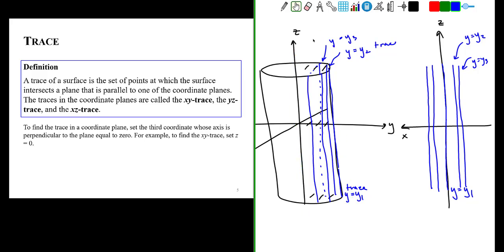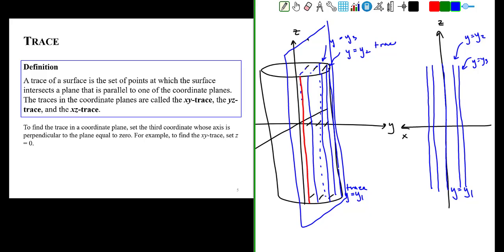If we then move it down to the next set of lines, we are going to get a trace that looks like this, and this on the other side. And when we project onto the XZ plane, that XZ trace looks like this.